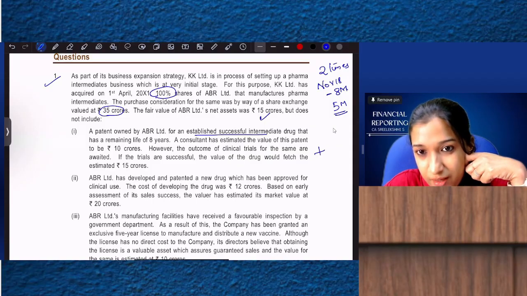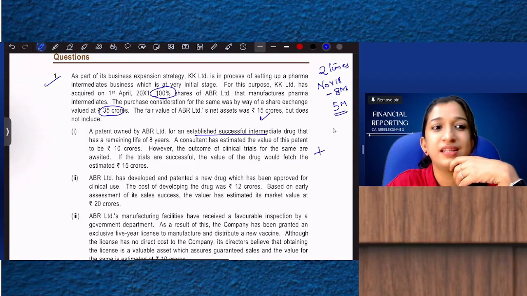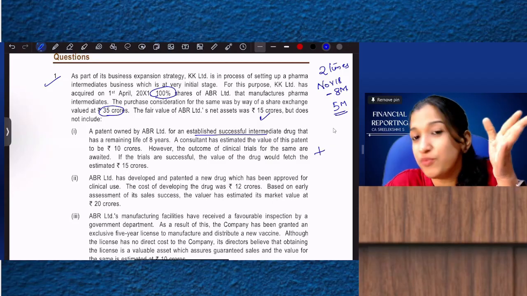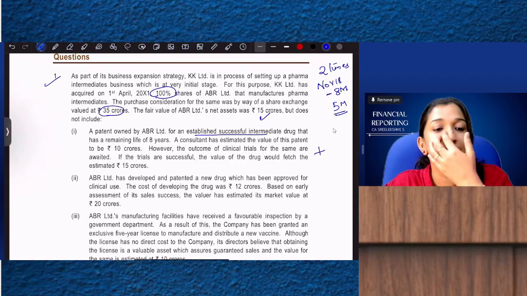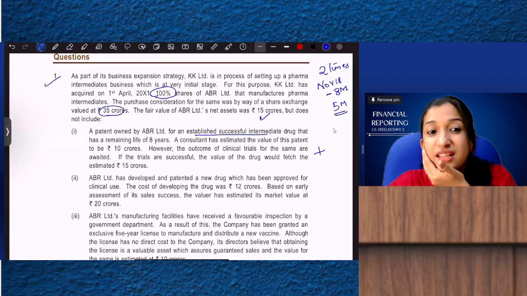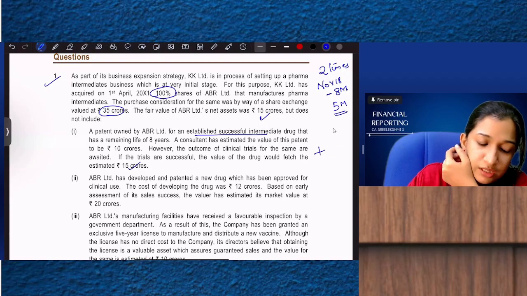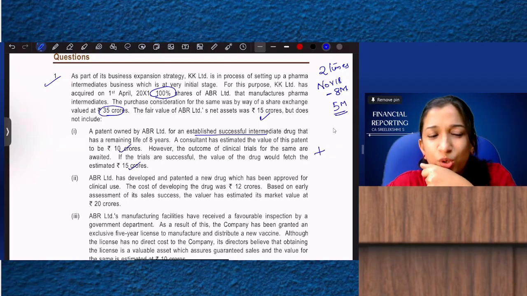Can I take over an asset that has a life of 8 years? From this we can obtain a patent, but clinical trials are awaited. If it is successful, 15 crores. Now the value is 10 crores. So what do you think? Can you take over that patent?